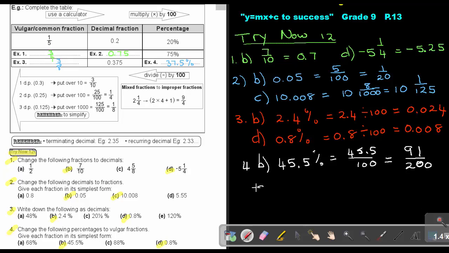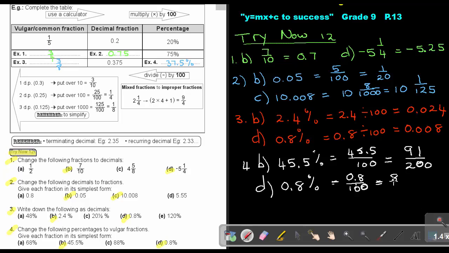And then the last one is number D. It's 0.8%. So remember, it will be 0.8 divided by 100. Okay, and I can even simplify this. I times by 10 and by 10.